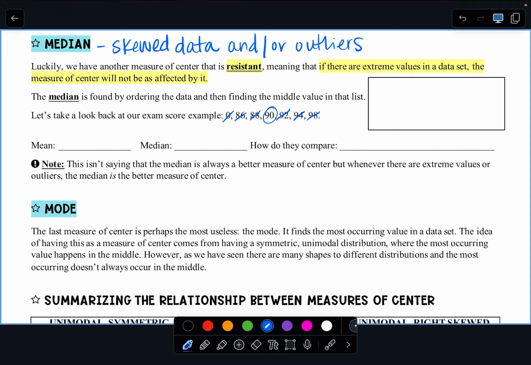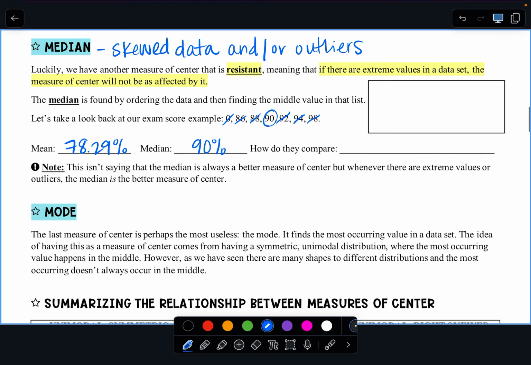If I take the median instead of the mean, I'm going to get an average of 90%, compared to 78.29% if the outlier was still included. So the median is a better representation when you have outliers or when you have skewedness.